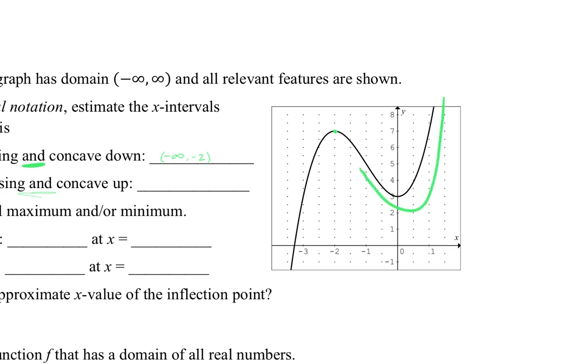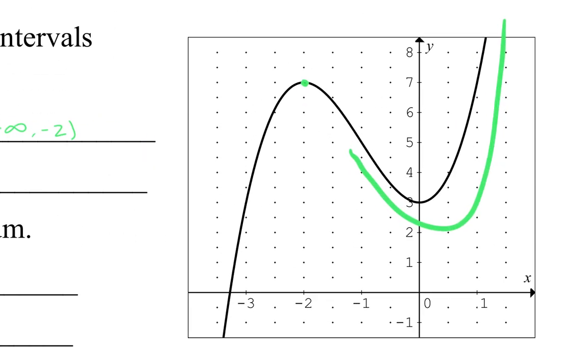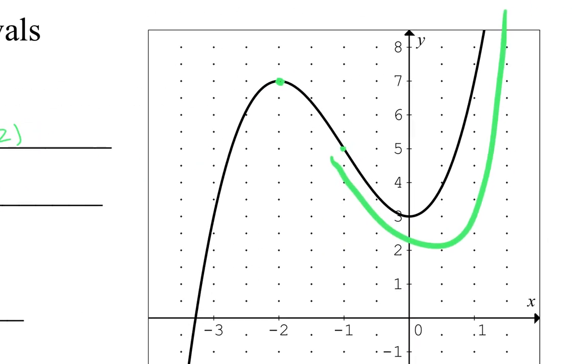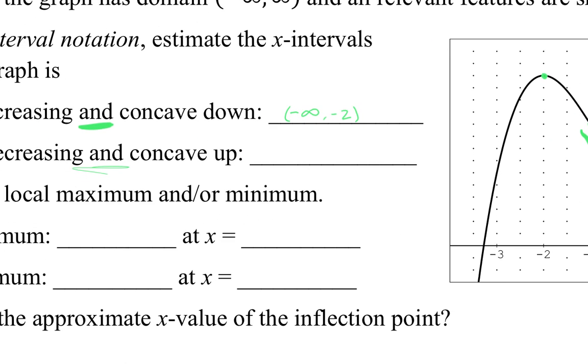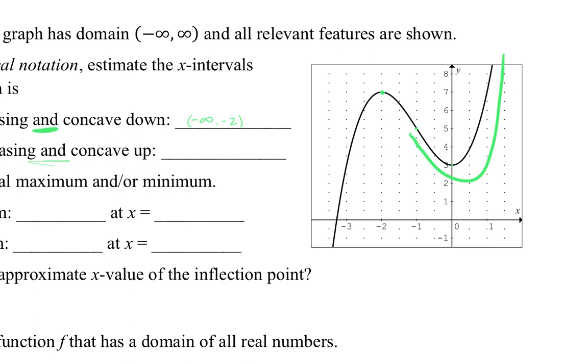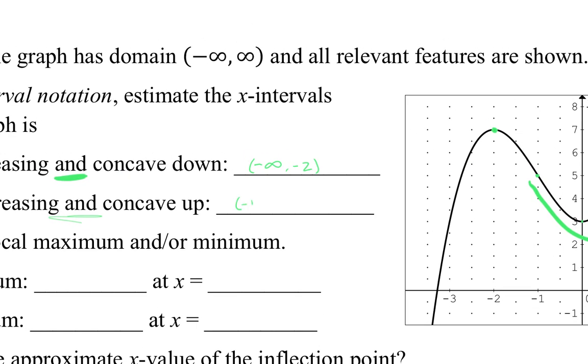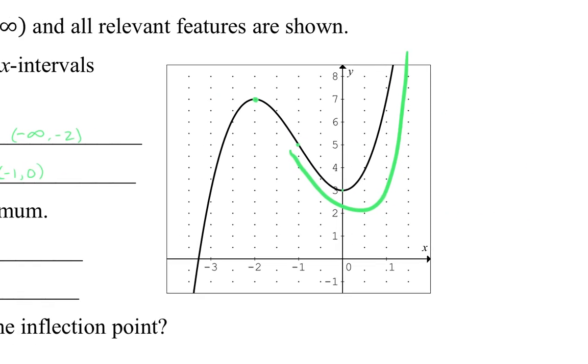And it looks like we're decreasing from -1 to 0 here. So decreasing and concave up is going to be from -1 to 0, both of those not included.